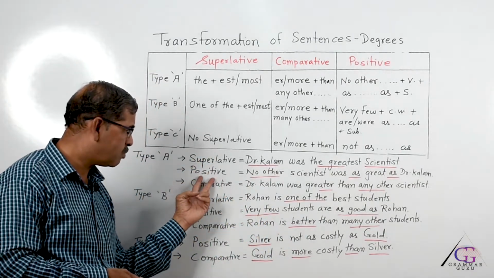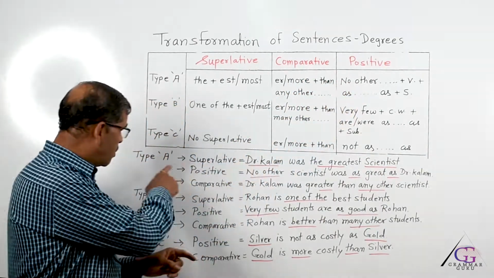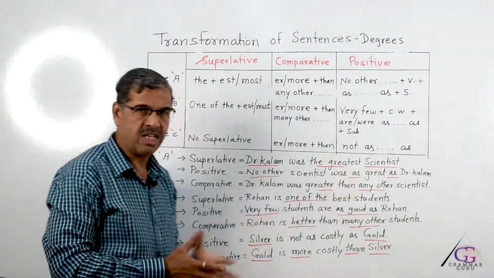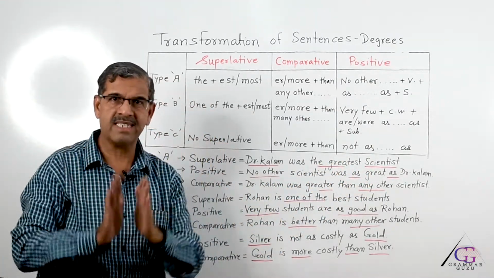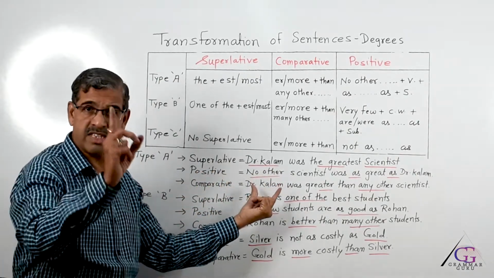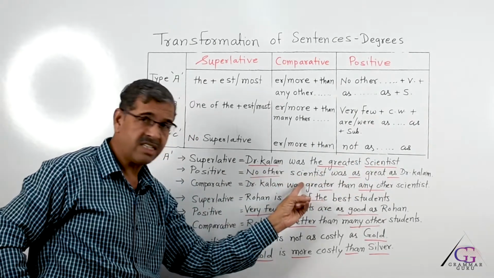Our answer in positive degree should begin with no other, because the given sentence is of type A, there is the adjective plus est. Once you are sure it is type A, then use this formula. For positive degree, it should start with no other followed by the class word, which is scientist.